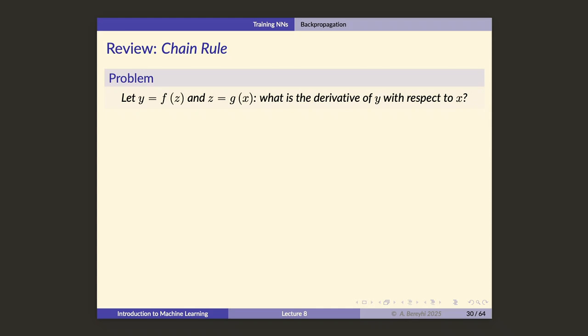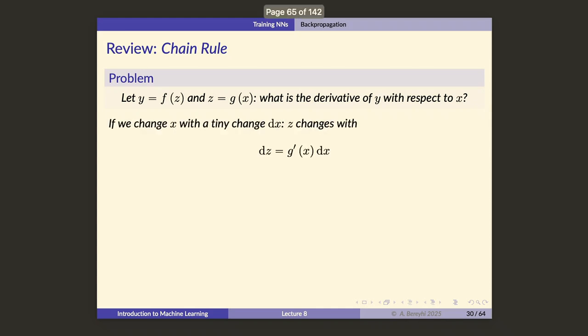I know some of you have had chain rule before, but even if you had it, let's do it once again together. Let's say z is a function of x. We talked about this. When we talk about a derivative, what do we mean?